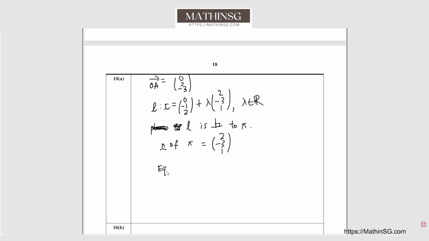So the equation of plane pi can be written as r dot (2, -3, 1) equals a dot (2, -3, 1), where a is (0, 2, -3).